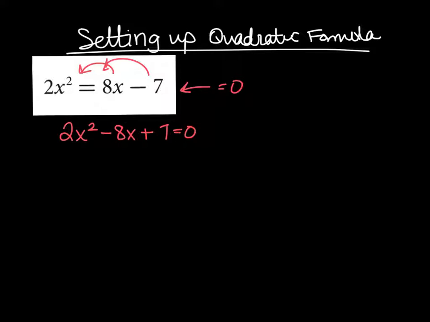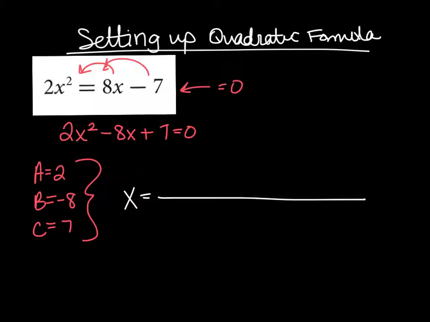All right, we're going to label our a, b, and c. I'm going to say a is 2, b is negative 8, and c is 7. Now, I'm not going to rewrite the quadratic formula, but you should have it in your notes so you can see where I'm getting this from. I can't even set these up without singing the song in my head. It's just an instinct now. So it's x equals negative b.